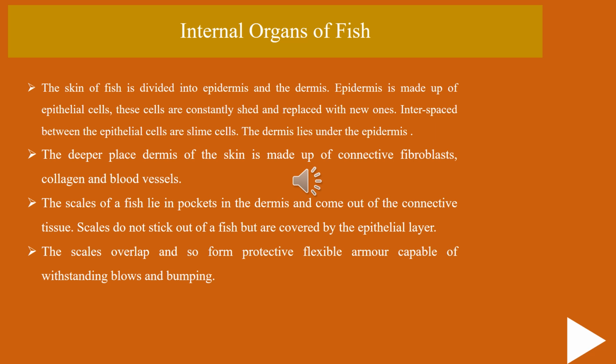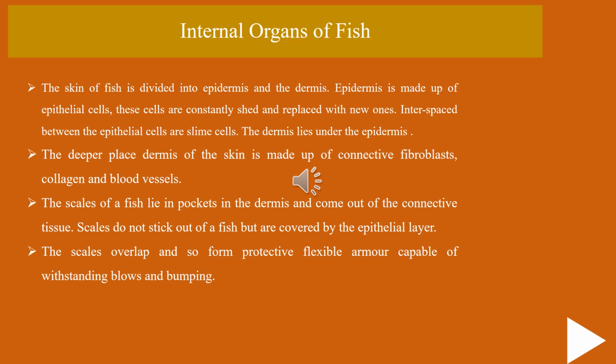Interspersed between epithelial cells are slime cells, which produce mucus secretion that form the very important protective covering known as the slime coat. The dermis lies under the epidermis, and many important functions happen there.